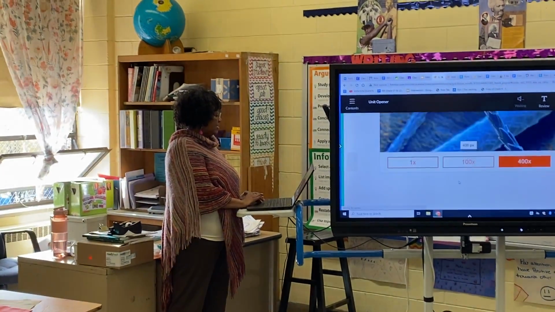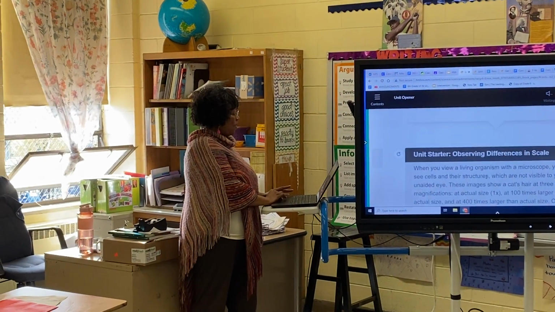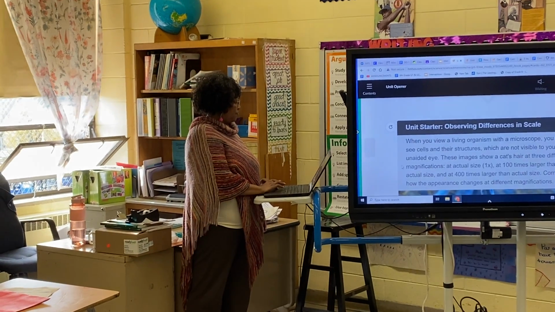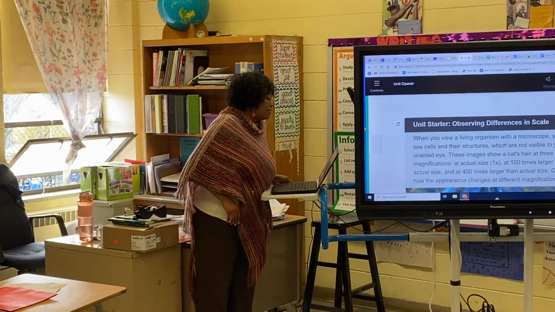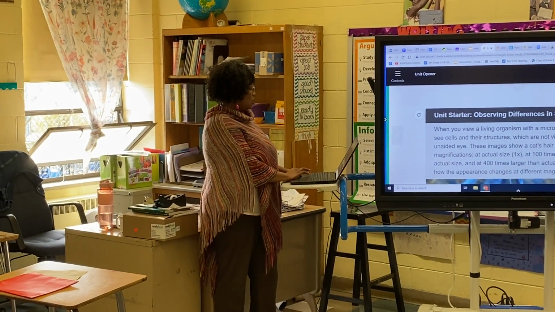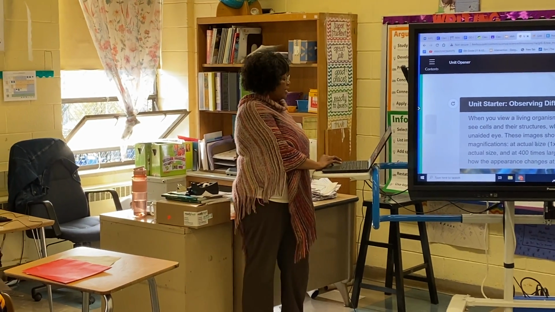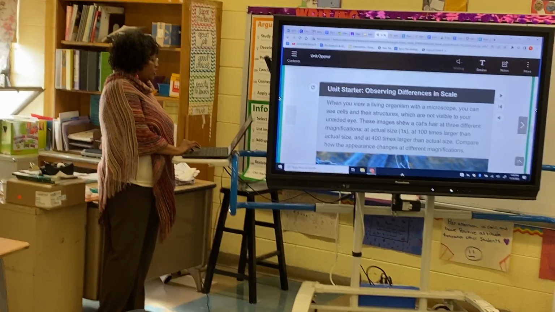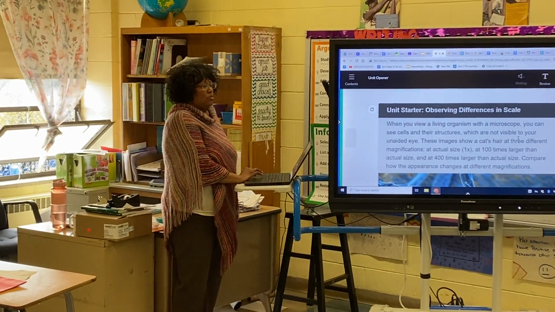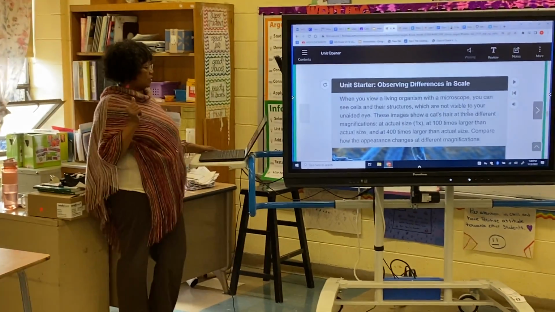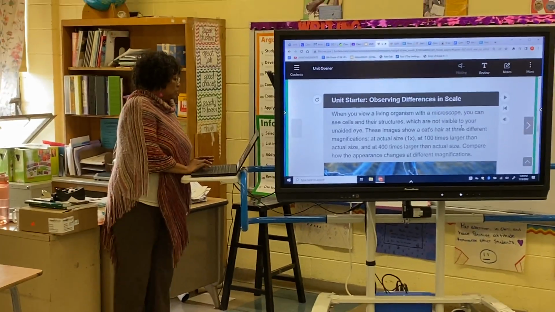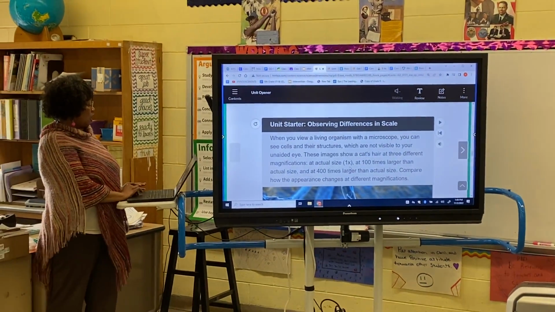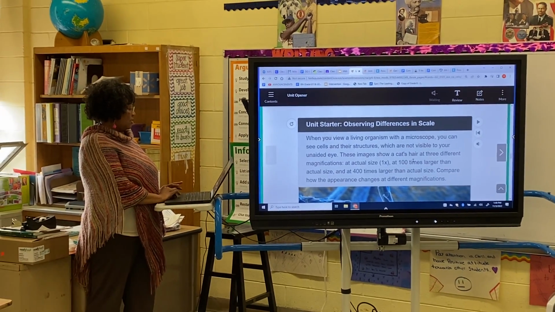Okay, I'm going to read this out loud because the speaker is not coming on right now. So it says unit starter, observing differences in scale. When you view a living organism with a microscope, you can see cells and their structures, which are not visible to your unaided eye. So that's why we're going to use the microscope.